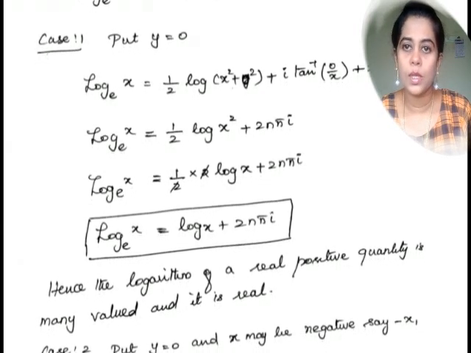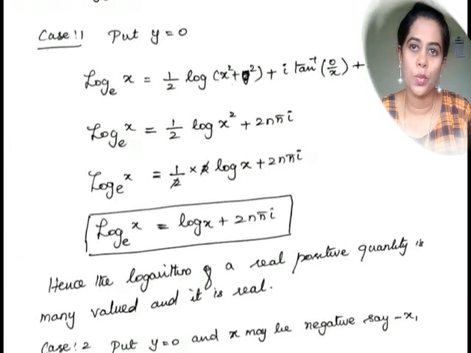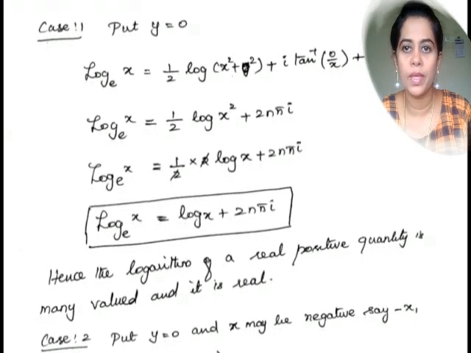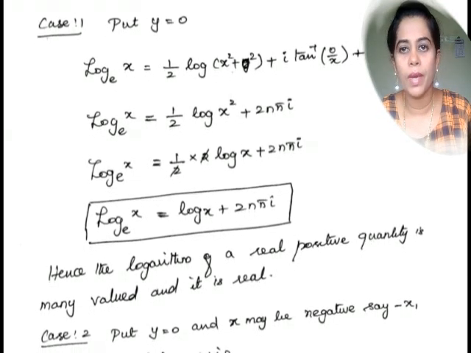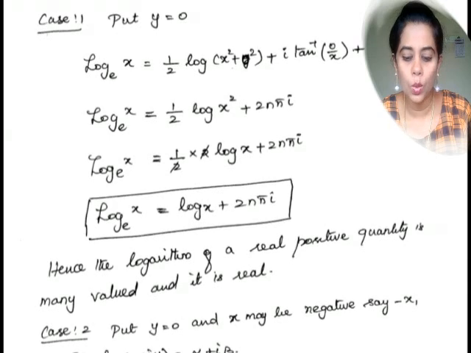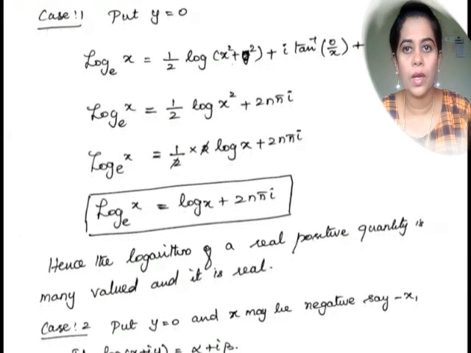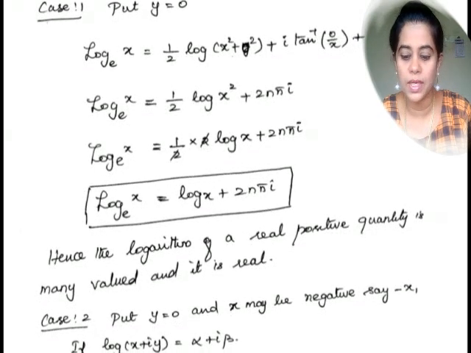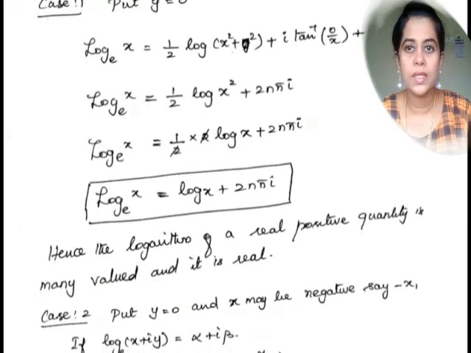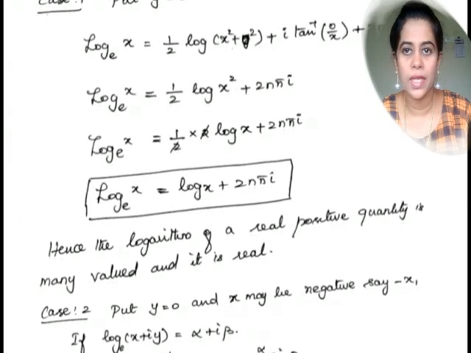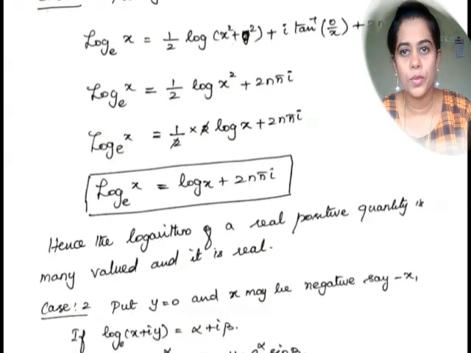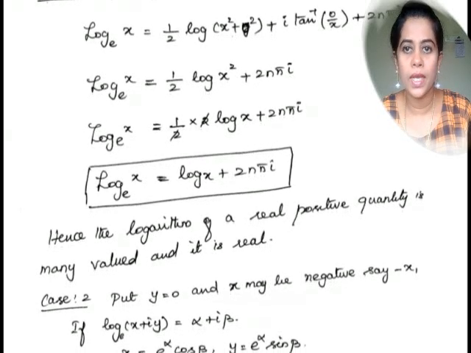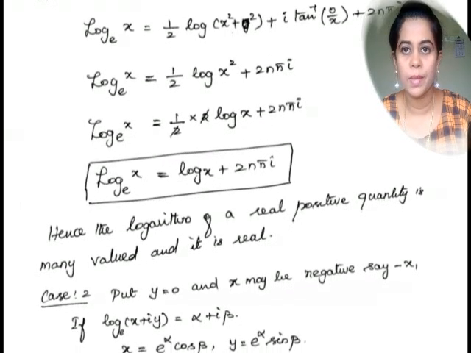And in the next case, we are taking the imaginary part 0, y is equal to 0, and x, the real portion, may be any negative, say minus x1. What will happen? If I take log of x plus iy to the base e is equal to alpha plus i beta, from this I can equate the real and imaginary parts as we proceeded earlier.